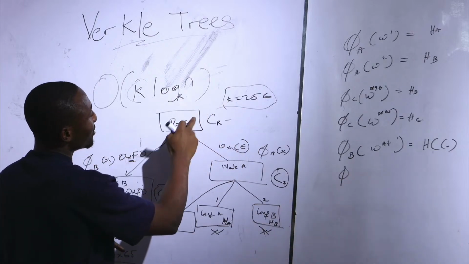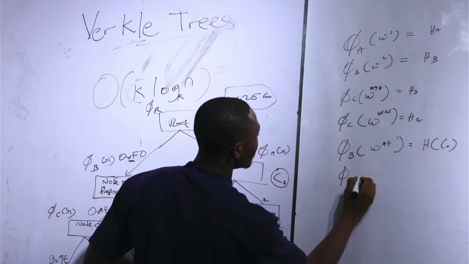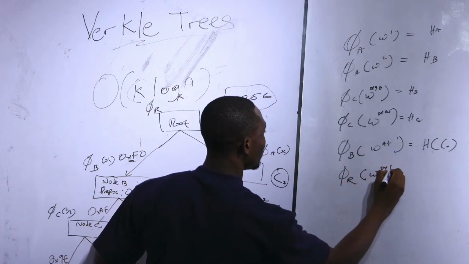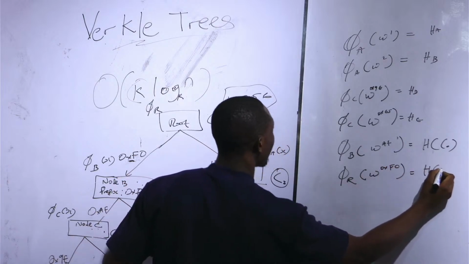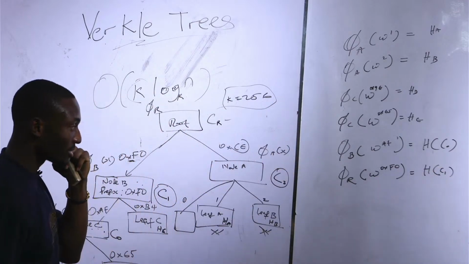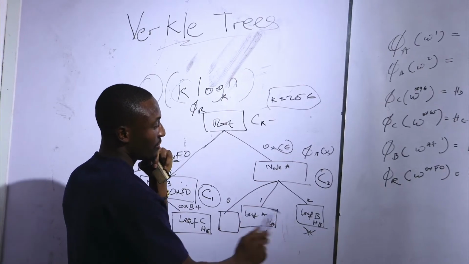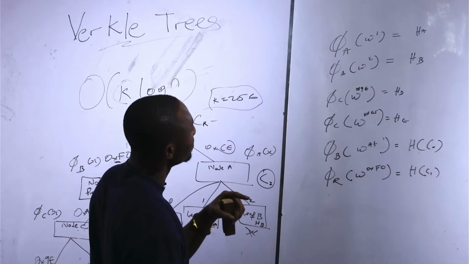Then, let's say we have this root's commitment. The hash of C1 inside the root. Then we also need the evaluations for this inside this. We have done that for the first one.